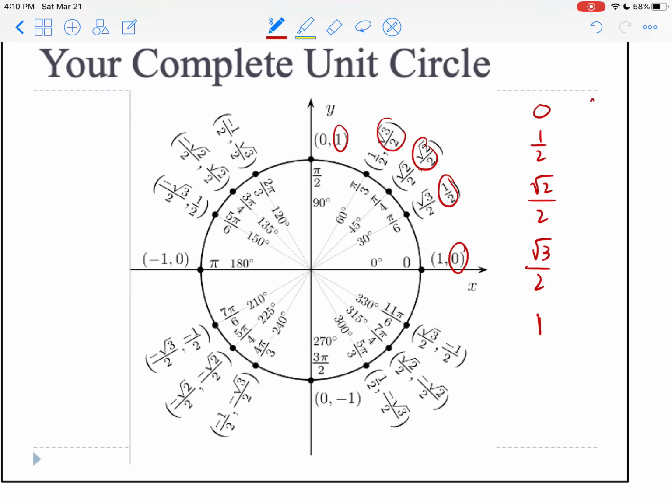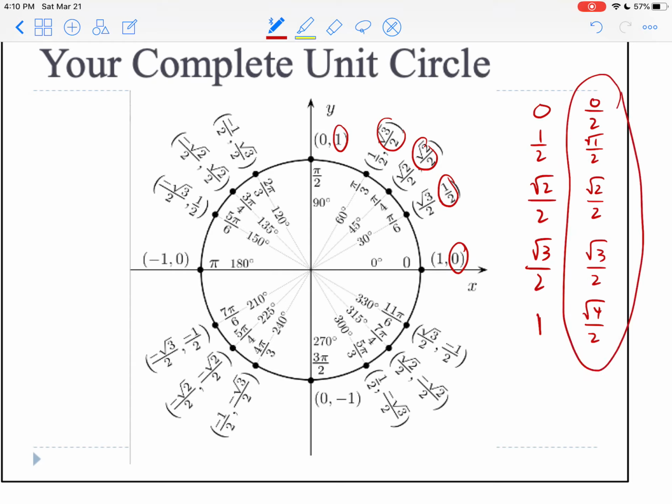But the easiest way to remember this is that this is 0 over 2, this is root 1 over 2, this is root 2 over 2, this is root 3 over 2, and this is root 4 over 2. Root 4 being 2, 2 divided by 2 is 1. And so it's just a pattern.